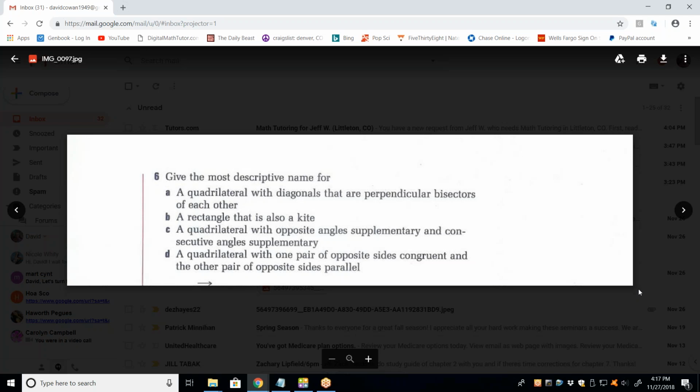So what's the most descriptive name for a quadrilateral with diagonals that are perpendicular bisectors of each other? That could be a square. Is that the most descriptive? In other words, it's certainly true. It's not true of a rectangle, incidentally.